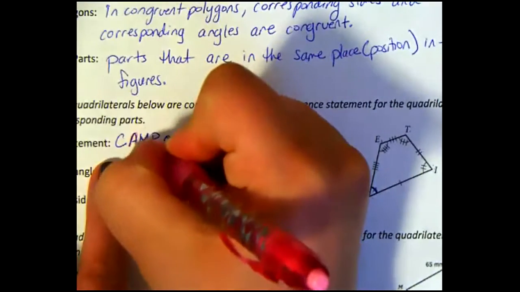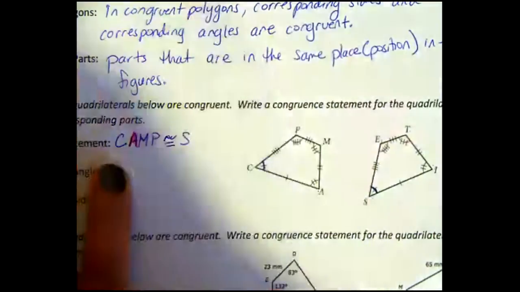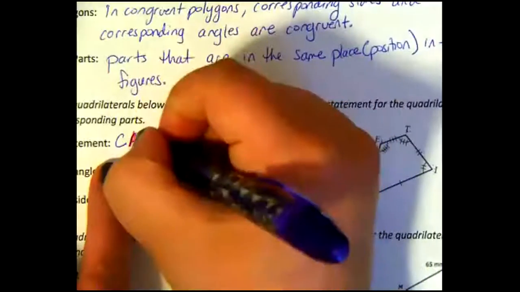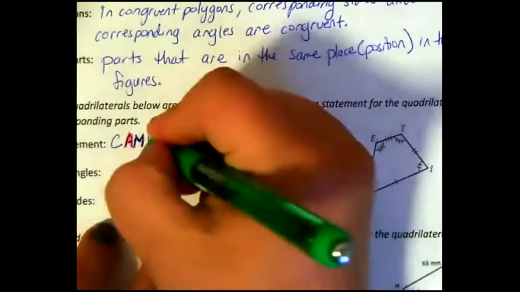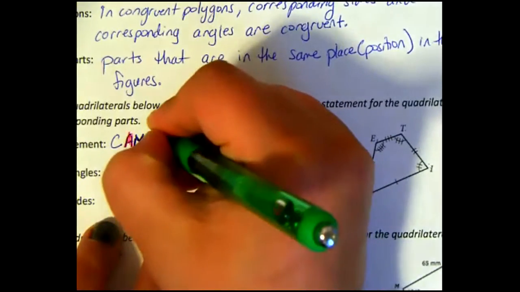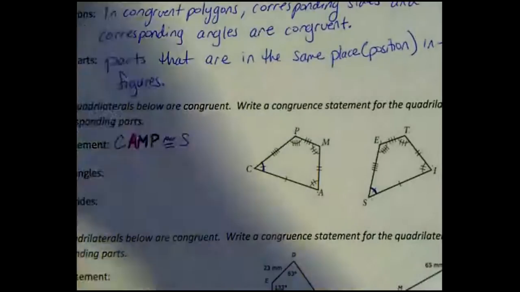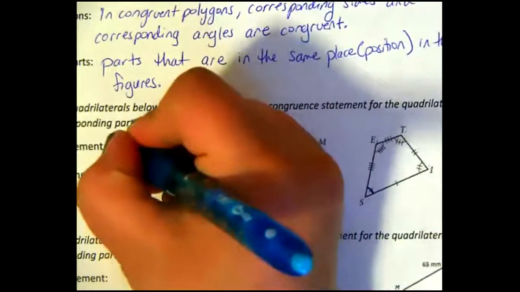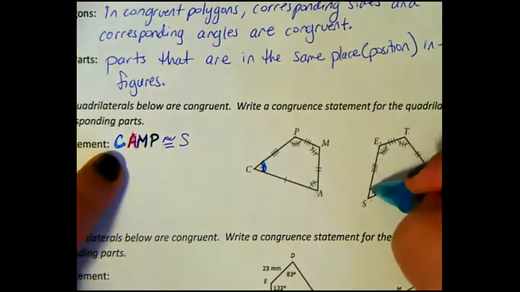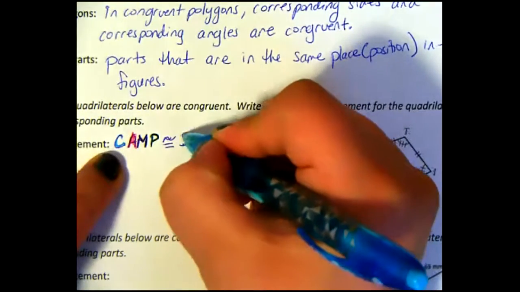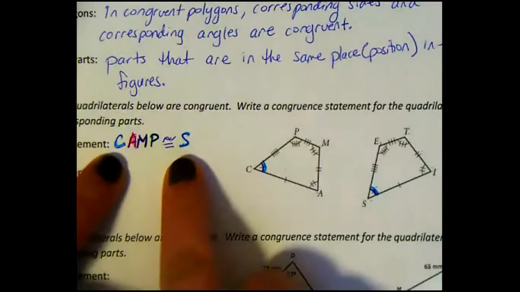C, A, M, P. So here we have C and we have S. Those two angles are congruent and corresponding.